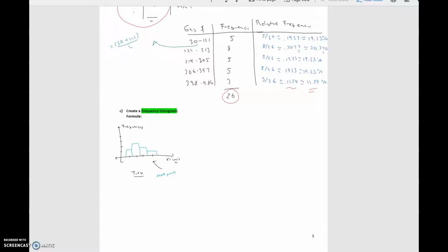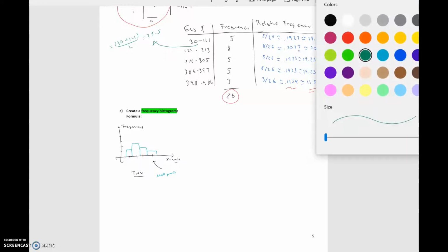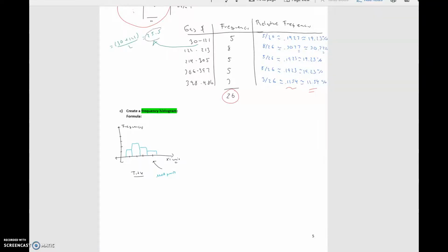I'm getting 75.5. Let me show you how to do this on the calculator. So that's going to be our first midpoint.